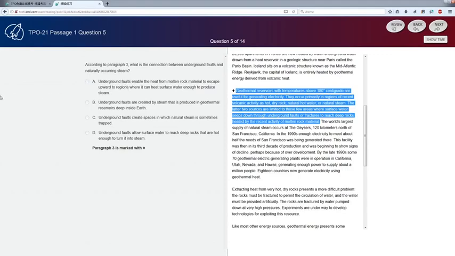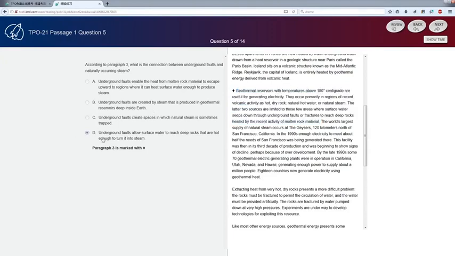They are trying to confuse you. Underground faults are created by steam that is produced in geothermal reservoirs deep inside Earth. But it doesn't say anything to me about the connection between underground faults and natural occurring steam. Okay? That's why our answer is D.